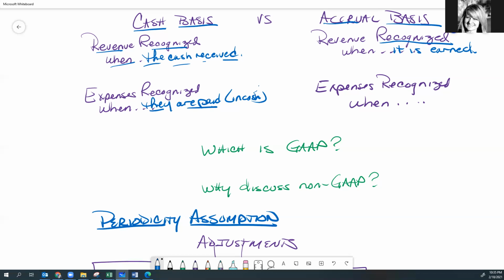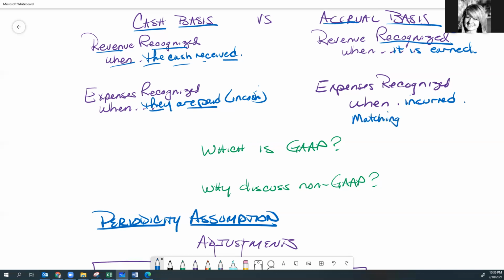Under the accrual basis, expenses are recognized. We've covered this already in an earlier chapter. It's actually kind of a two-pronged principle, and we say expenses are recognized when they're incurred. So we do not wait until the expenses are paid. We also talk about the matching principle.